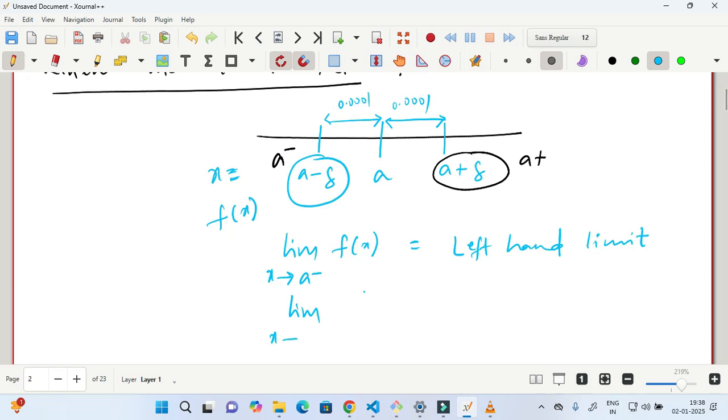Limit x tends to a plus of f of x is the right hand limit.